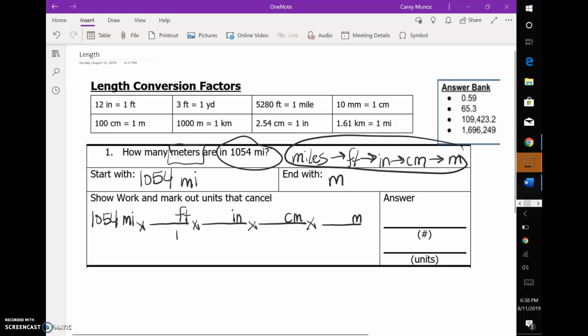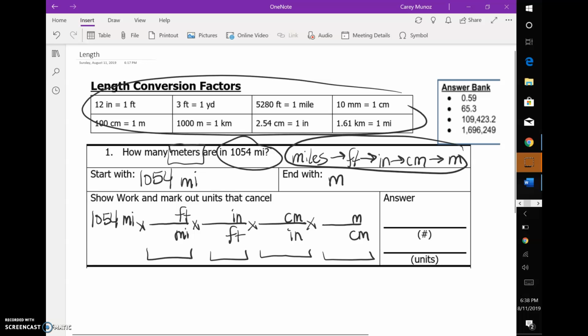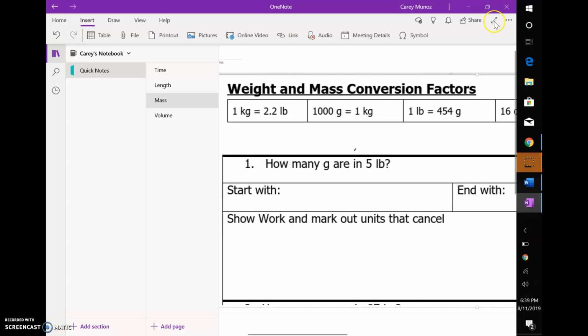Just as before, everything has to cancel diagonally. And then you fill in your conversion factors. Make everything equal. You'll find all of these on your yellow sheet, and a lot of them are given up here as well. Once everything cancels, meter is what you'll end with.